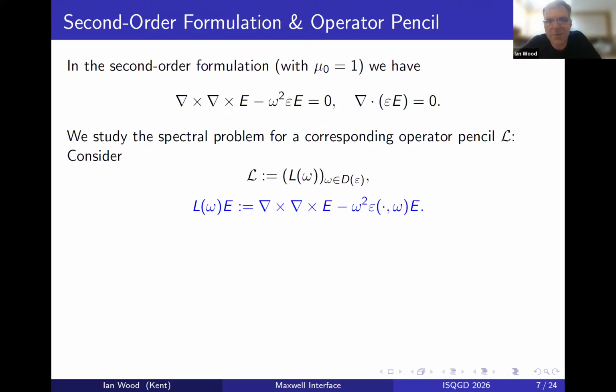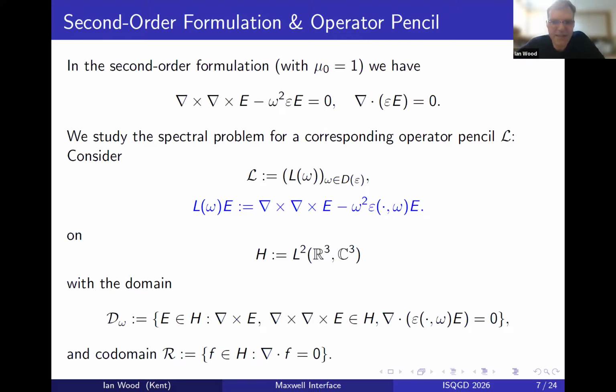All right, so now the epsilon depends on omega in a fairly general way. So this is by no means a standard eigenvalue problem. And so what we're going to do is look at an operator pencil, or if you prefer, think of it as a family of operators that depend on this parameter omega. Right, and so the operator L of omega is just curl minus omega squared epsilon.